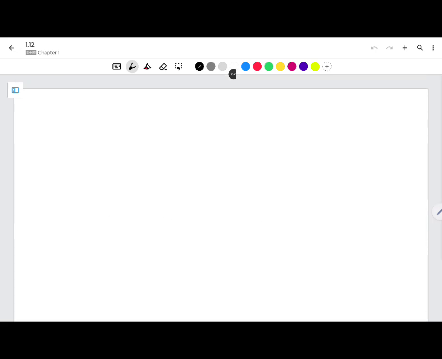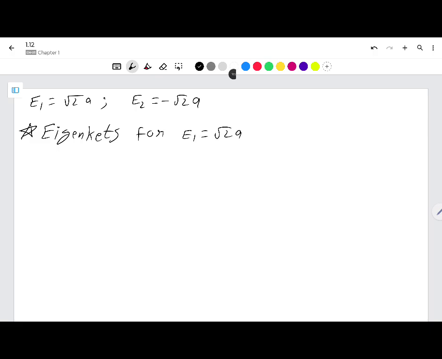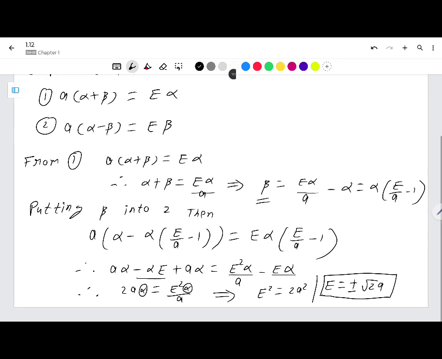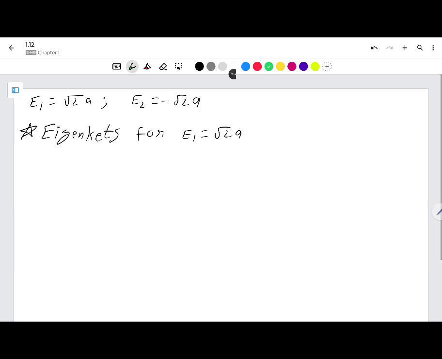Okay, fine. So E1 is root 2 A, and E2 is minus root 2 A. Okay, so next we need to find eigenkets. Let's say we start with this energy eigenvalue. If we substitute the value of E here, what do we get?